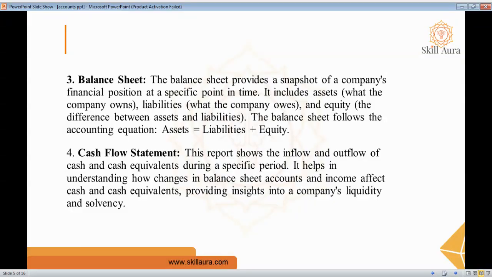And also, this report is used to assess a company financial health, solvency, liquidity, and it is a very essential tool for the investors, creditors, and also for other stakeholders. So this is how the balance sheet report is done in the Tally.